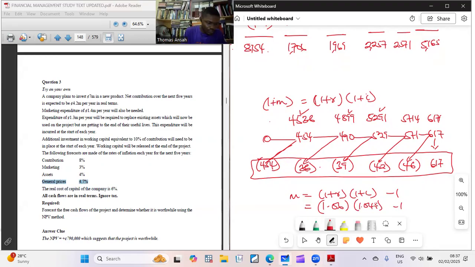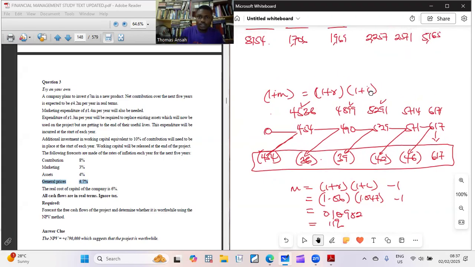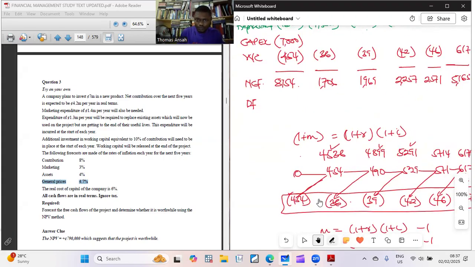So 1.06 multiplying 1.047 gives me 1.10 something, minus 1. So the answer that I get here is 0.10982. Technically this is like 11% when you round it. So let's put here 11%.